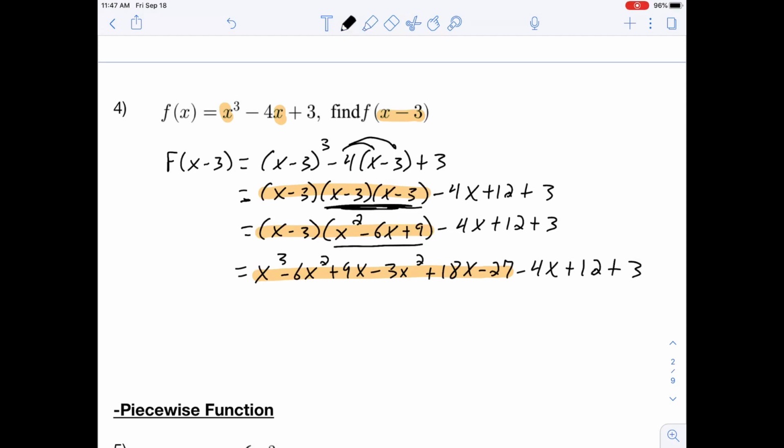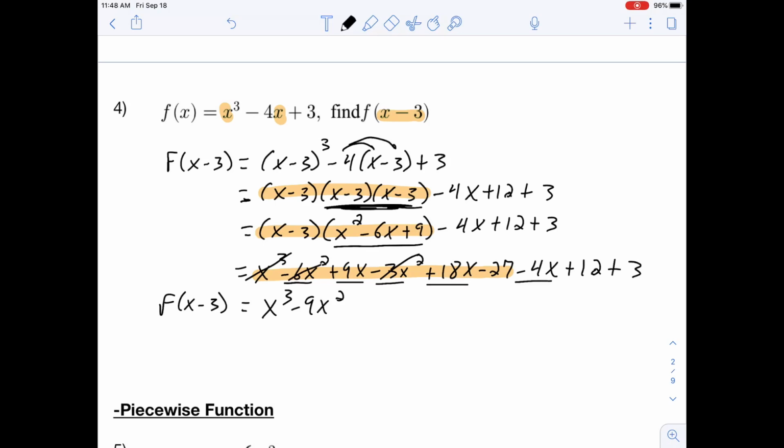So now let's look at like terms. So we have f of x minus 3 is equal to, so we only have one x to the third term, so that takes care of that. Then we have a minus 6x squared, and then a minus 3x squared. So that's going to be minus 9x squared. So that's done and that's done. Then we have a 9x, and we have 18x, and then we have a minus 4x.